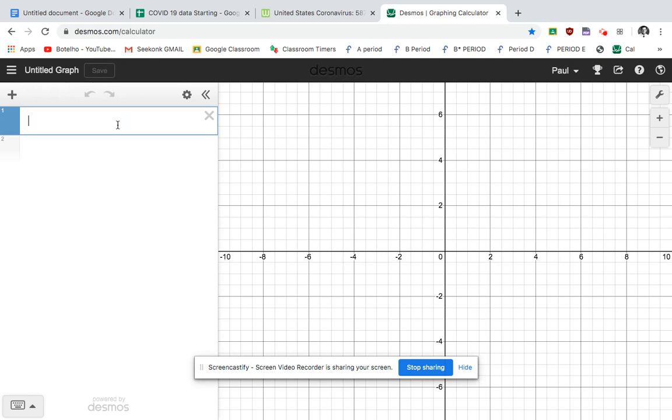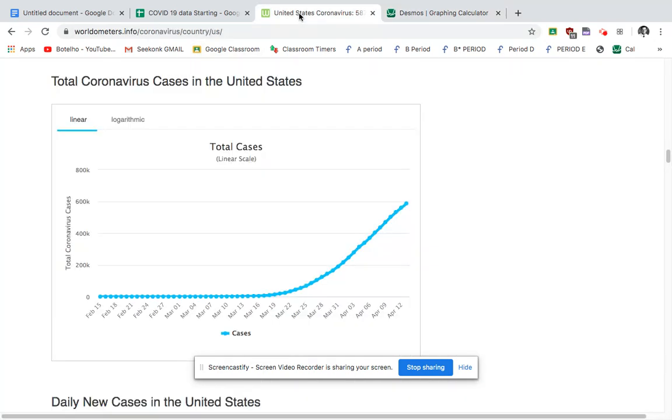But I figured to look at the data that's most relevant in our lives today, which is the COVID-19 data that the entire world and country is looking at. So I wanted to plot the points and look at the data based on this data here. You can see this graph tells us the total COVID-19 cases in the United States.